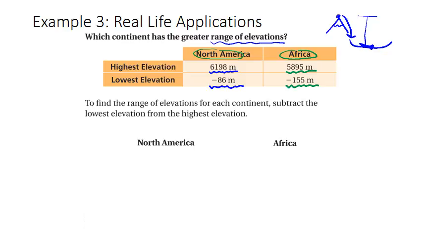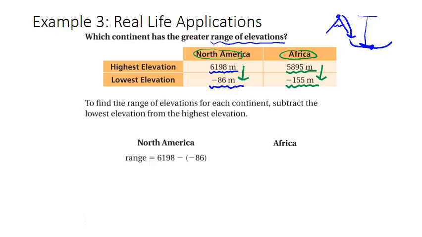So we want to figure out how far it is from the highest point in the continent down to the lowest point in the continent for each of these two things. And to be able to do that, we can subtract the lowest elevation from the highest elevation. So when we're doing that, we're going to go ahead and take 6,198 meters and subtract negative 86.